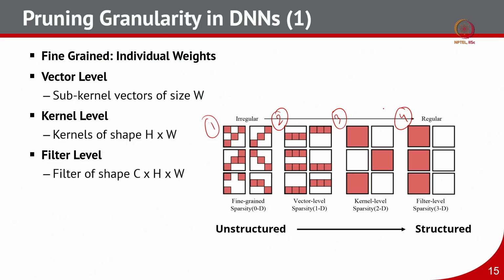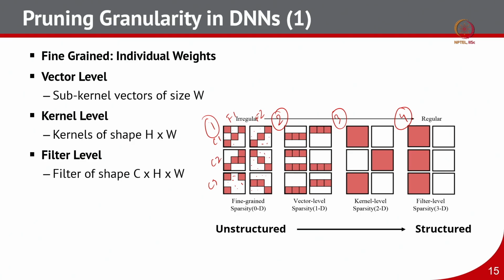In all the cases we have considered 2 filters, each filter has 3 channels. So this is filter 1 and this is filter 2, this is channel 1, channel 2 and channel 3, 2 filters, 3 channels, right. Now the most fine grained pruning granularity is to remove individual weights. You can see that some of the weight values are 0, that is why those positions are white. So those values are removed, right.